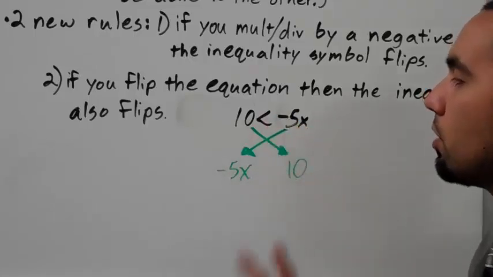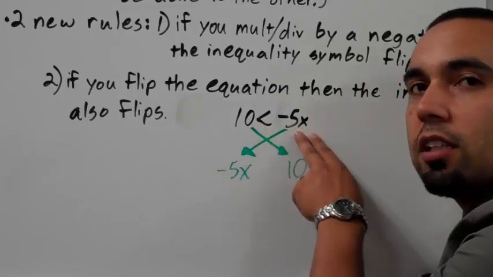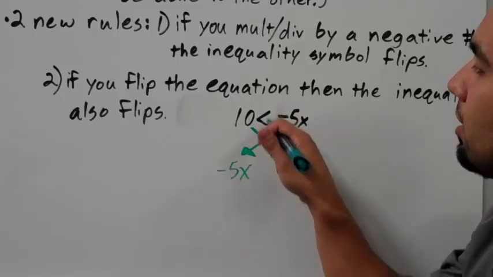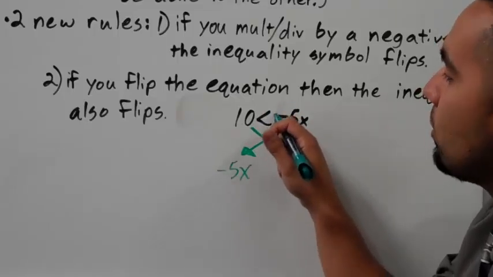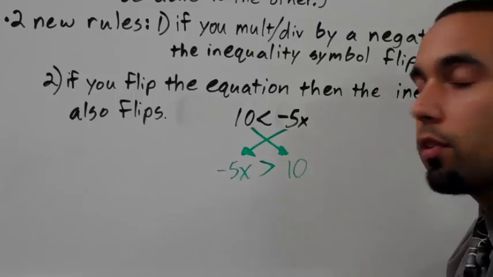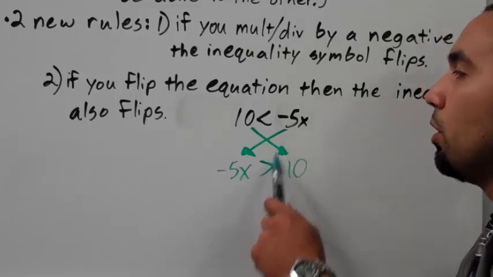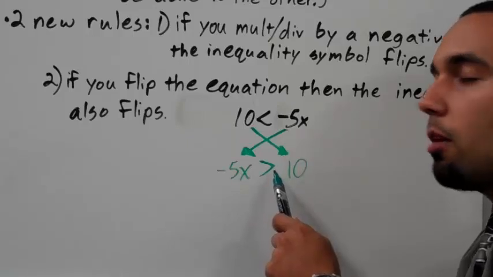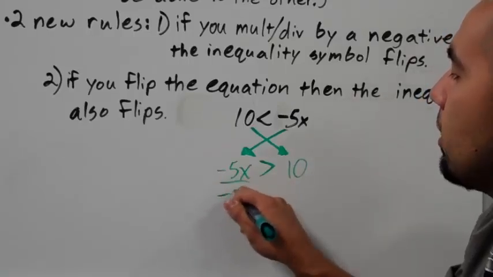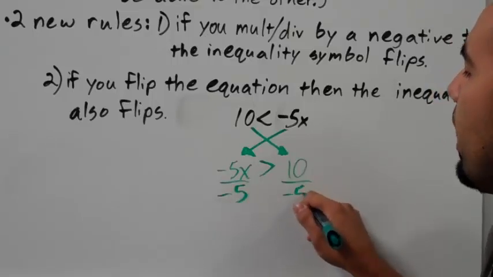I would just write equals, and that would be fine because I moved everything on this side over to this one, everything on this side over to this one. But now I have an inequality symbol. I have to change, or I have to flip that inequality. Okay? That's the only way these two statements are the same. Okay, now I want to solve for x, and if I do that, that means I need to divide by -5.